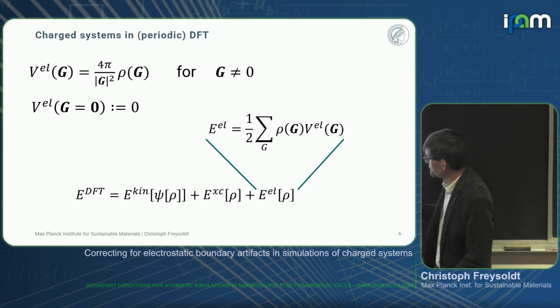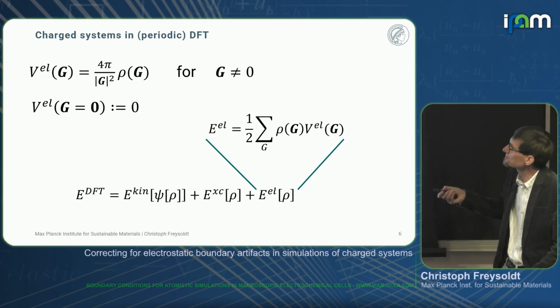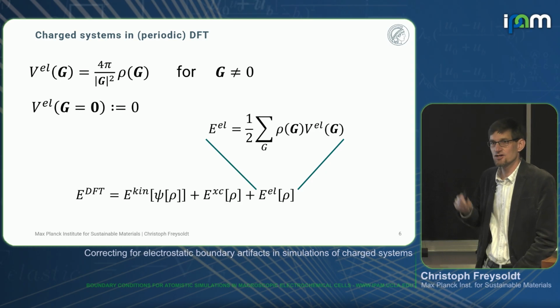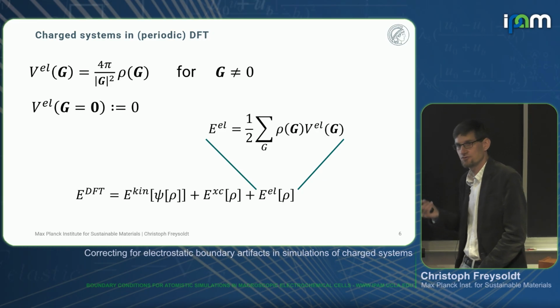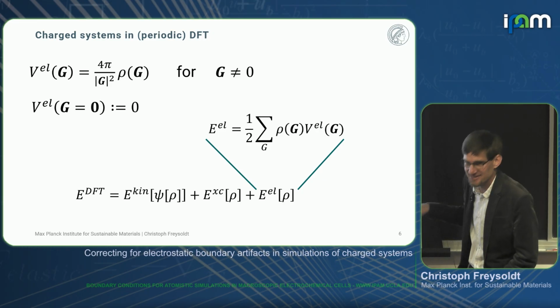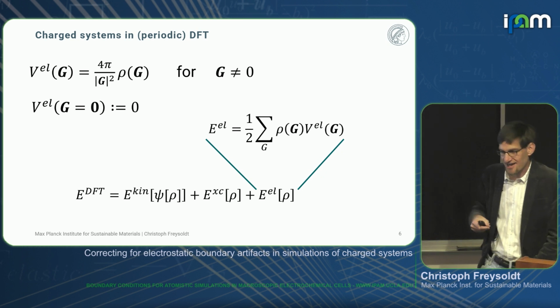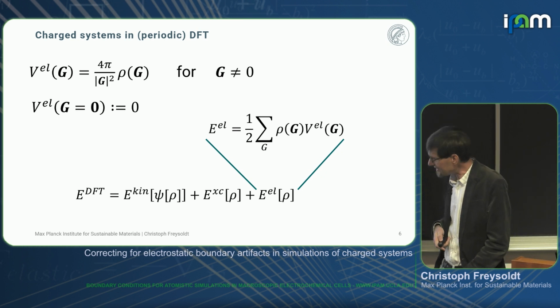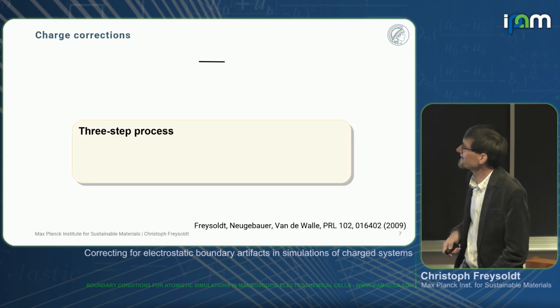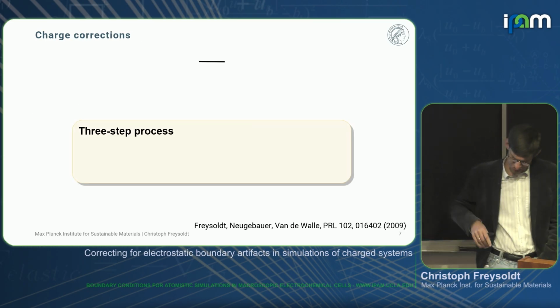So even though, in principle, the key effects are contained in the electrostatic potential, it's not the only thing that we need to consider if we want to understand how DFT energetically describes all those screening effects. So we have to think of something else. And for this, we go back to the start.